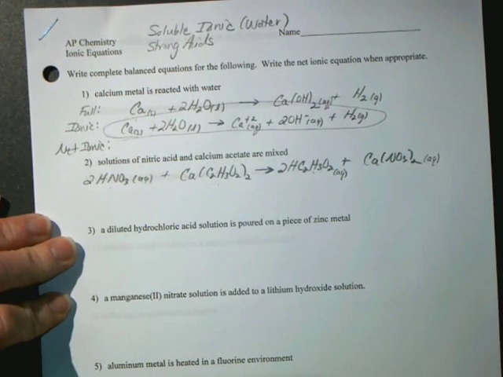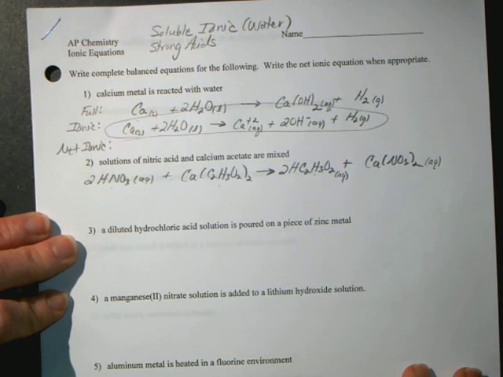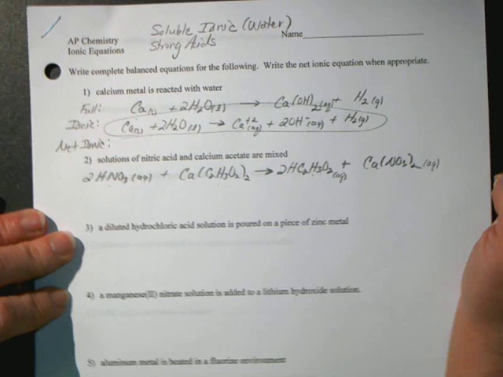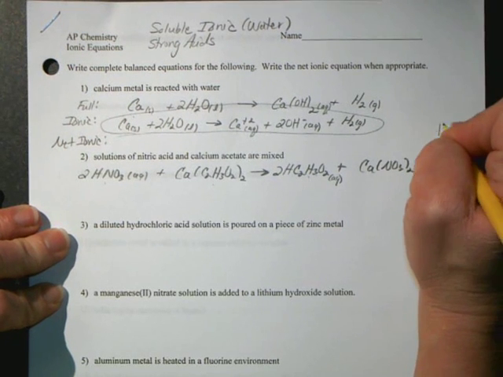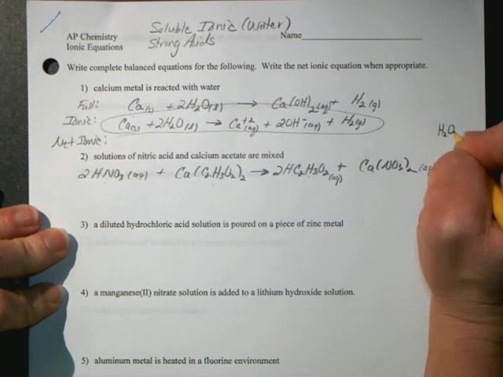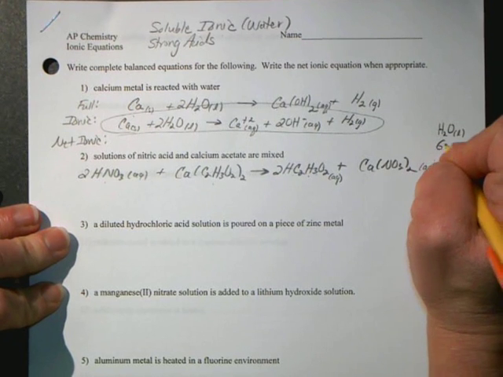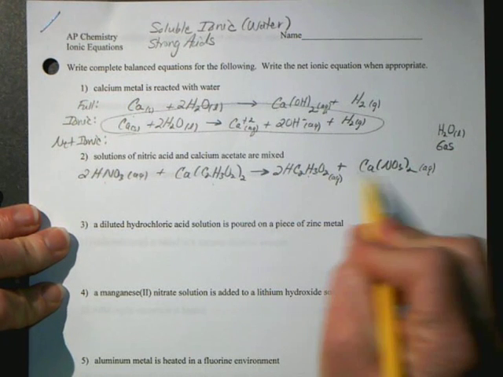Now the question is, does this reaction even happen? Is there a driving force? Well, double replacement reactions will only happen if we produce water. Nope, not happening here. If we produce a gas. Not happening here.